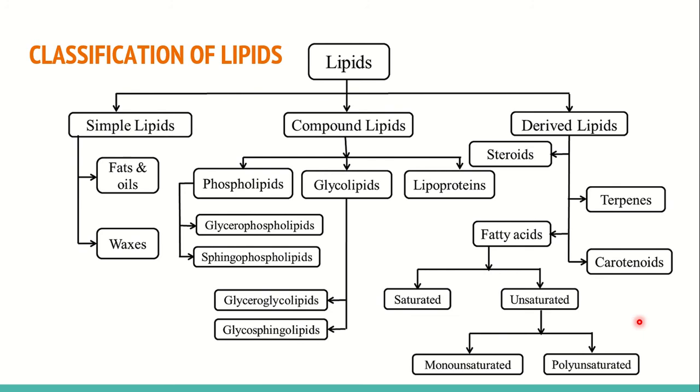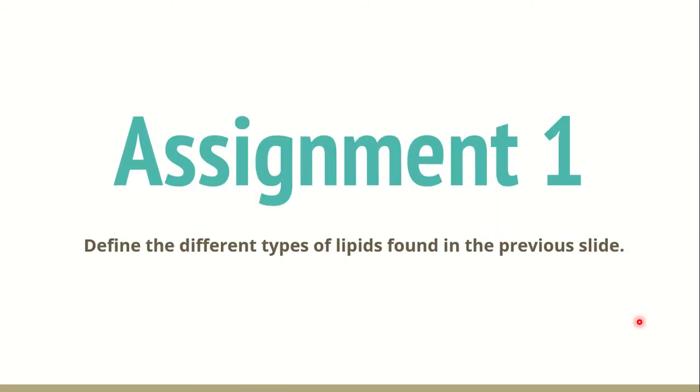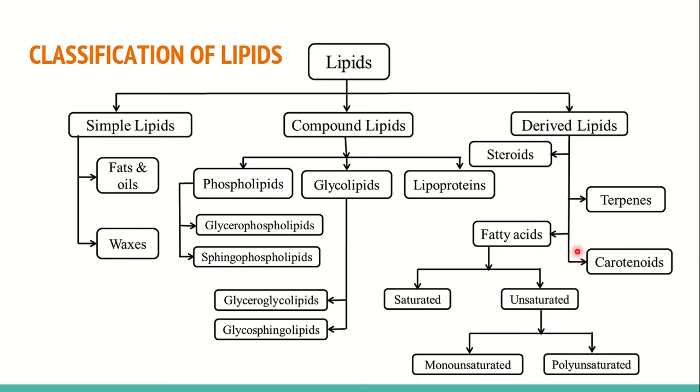So for you to further familiarize yourselves with each of these many types or many kinds of lipids, then please answer your first assignment for Ansay 102, and that is to define the different types of lipids listed in this diagram. Okay, dito sa slide na to.